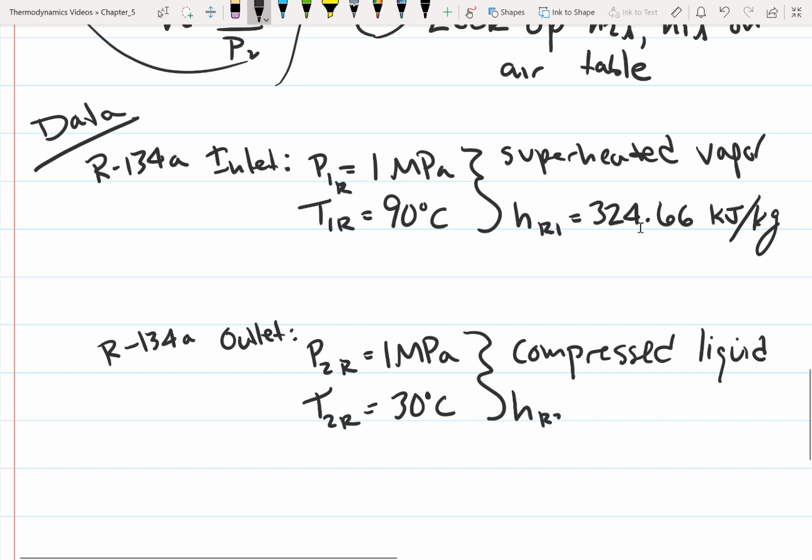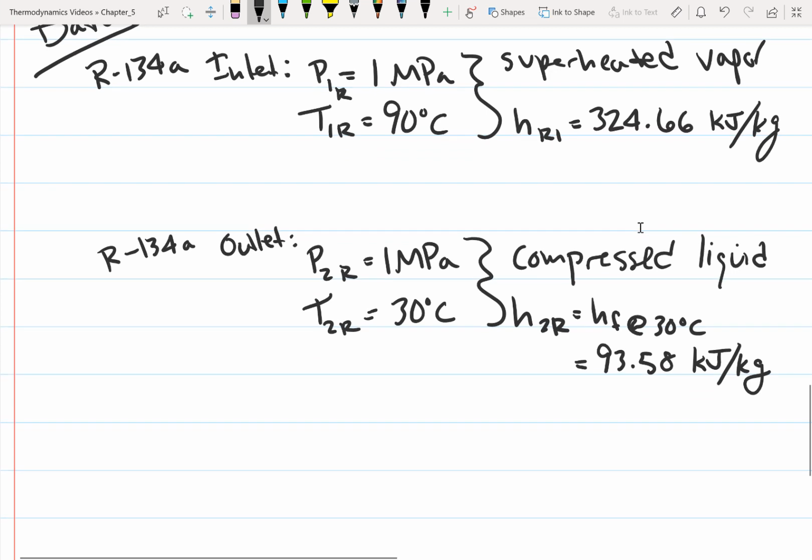So basically H2R is equal to the enthalpy of saturated liquid at 30 degrees C. And remember to look it up on the temperature table and not the pressure table. So this is 93.58 kilojoules per kilogram.